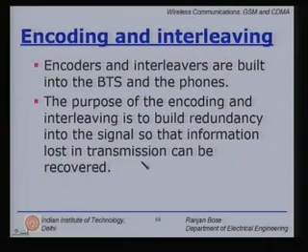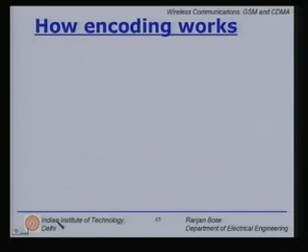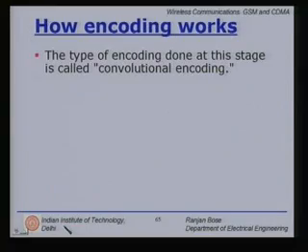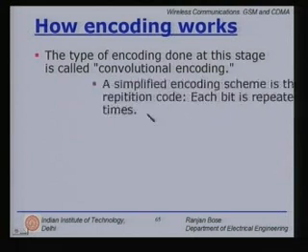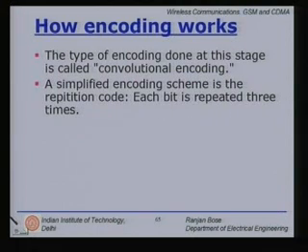In our previous lectures, we have spent a lot of time talking about different kinds of channel coding and interleaving. Just a very simple example to refresh our memory how encoding works. The type of encoding done at this stage is the convolutional encoding. A simplified encoding scheme is a repetition code.